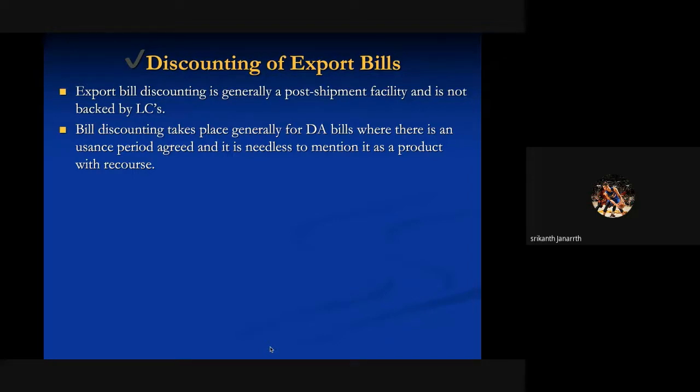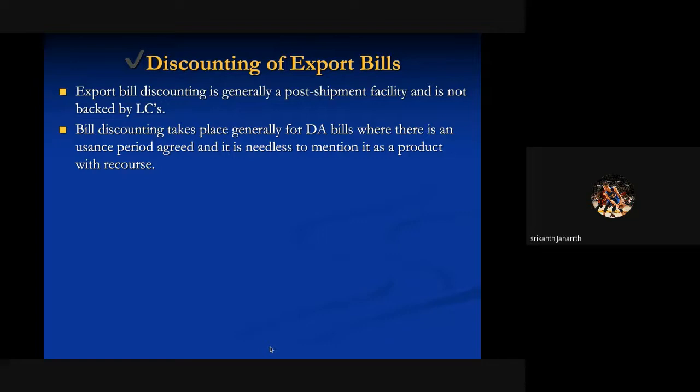When the bank lends the loan without recourse, it means once a loan is given, if the borrower doesn't pay, as a bank, I can't go back to the exporter. So bill discounting is always with recourse, because you are trusting a third party.